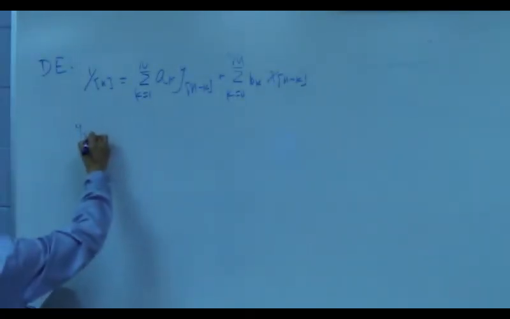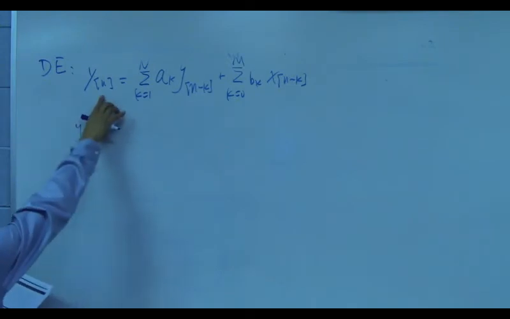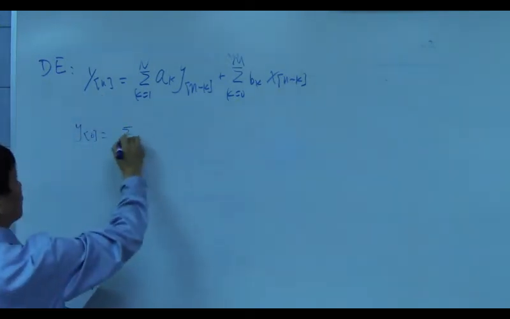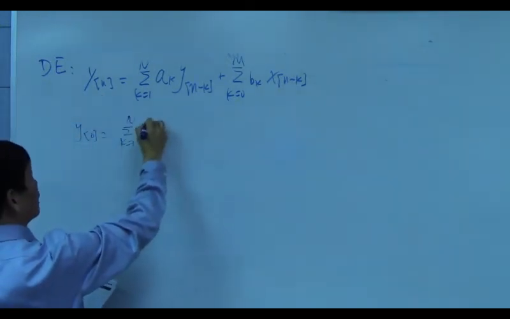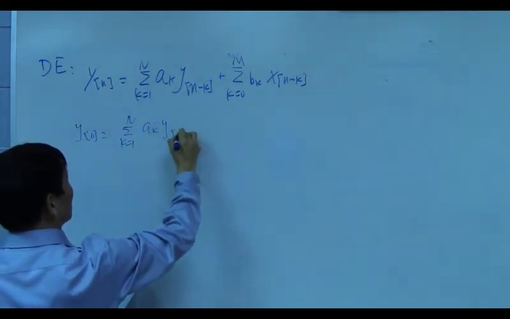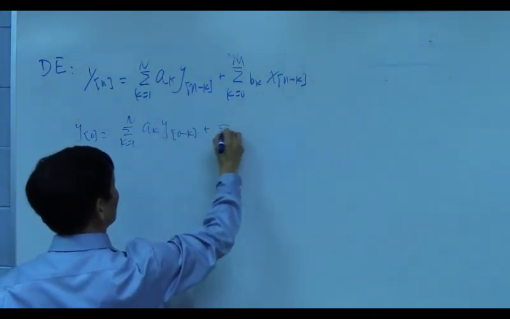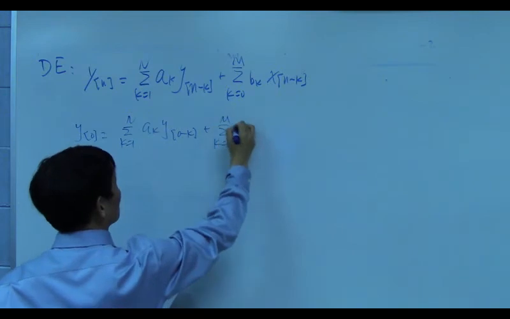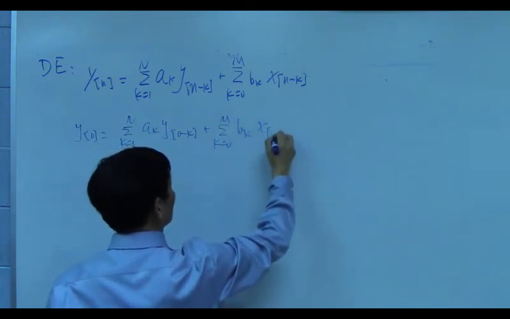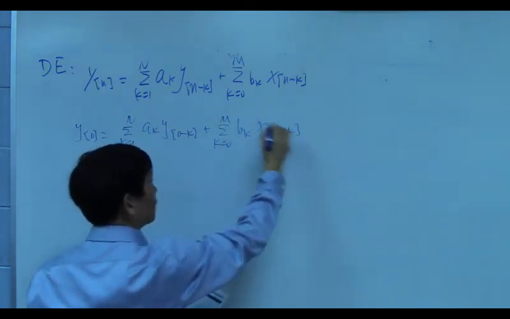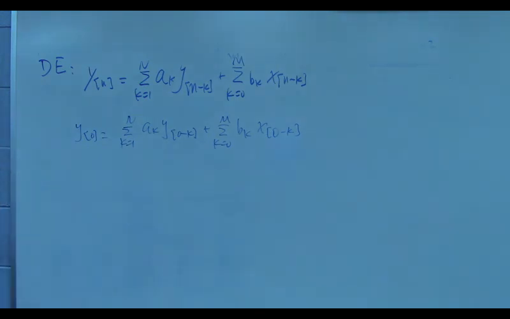So what is y[0]? y[0] is n equals 0. So this one will be the sum from k equals 1 to N of a_k y[n-k] here, then plus the sum from k equals 0 to capital N of b_k x[0-k]. So that we get this. Okay, so what is y[1]?